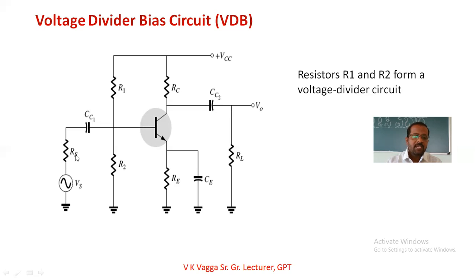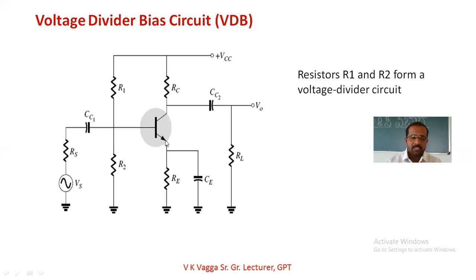RS is the series resistance for the supply. RC is the collector resistance, connected at the collector terminal, and the other end of RC and R1 are connected to the plus VCC DC supply.